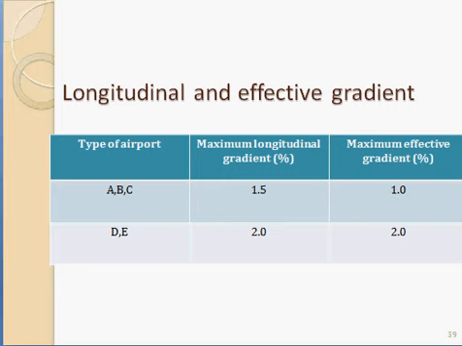For A, B and C types of airports, the maximum longitudinal gradient is 1.5 percent and the maximum effective gradient is 1 percent. For D and E types of airports, the maximum longitudinal gradient is 2 percent and the maximum effective gradient is also 2 percent.